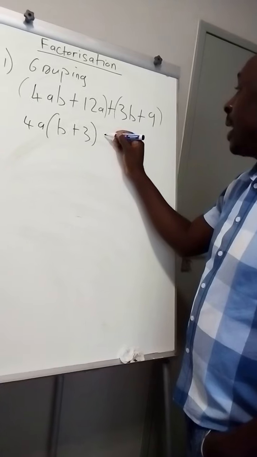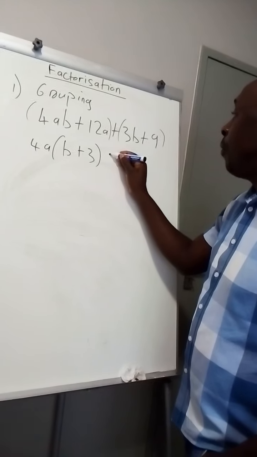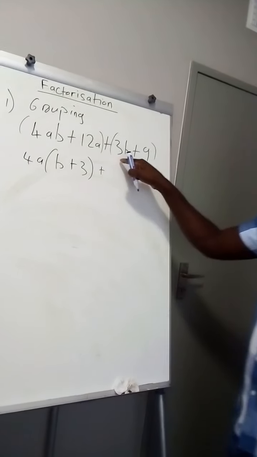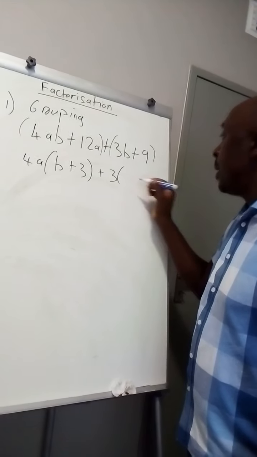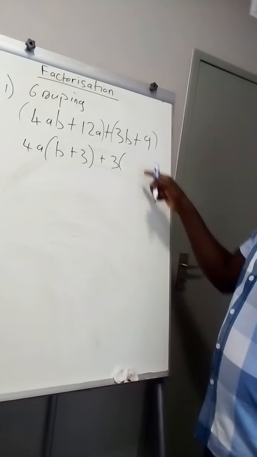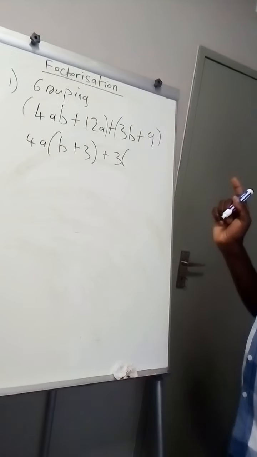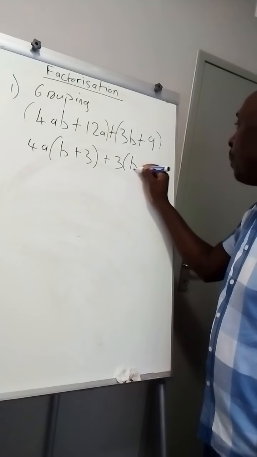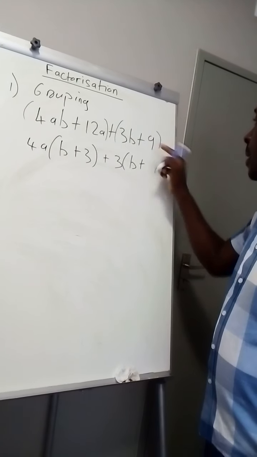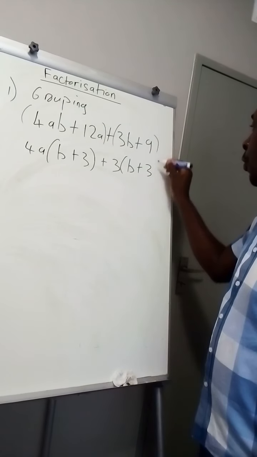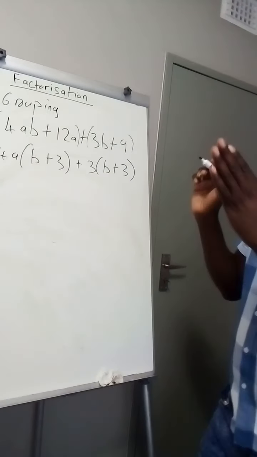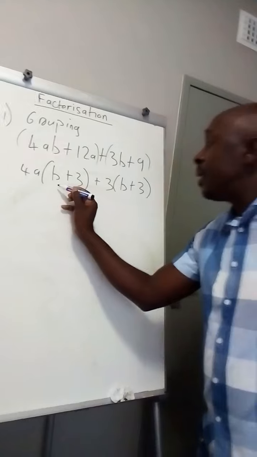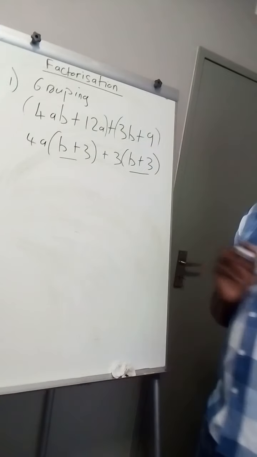Then we move on to the next pair. The common factor there is 3. Inside we are left with b plus, and to get 9 you need another 3. Looking at both terms, you see that b plus 3 is common.